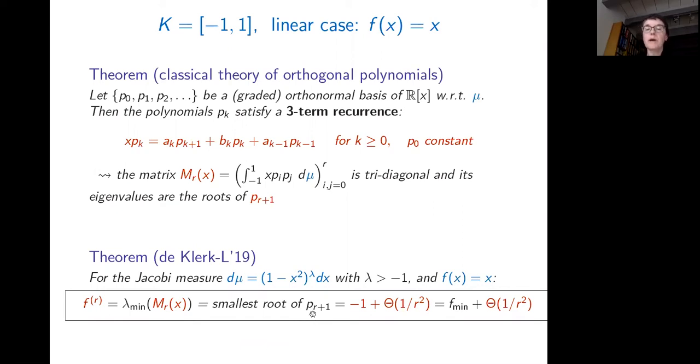In particular, it is well known that the smallest root is -1 plus a term behaving at the rate 1 over r squared. So from this, we deduce immediately what we wanted. The bound f_r converges to the minimum of f at the rate exactly 1 over r squared. So it's an upper bound of 1 over r squared, but it's also tight. The analysis is tight.